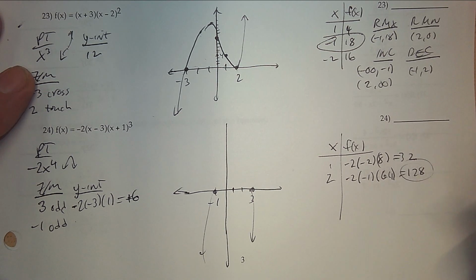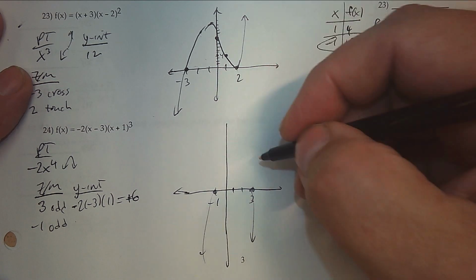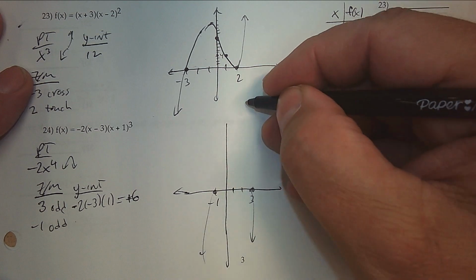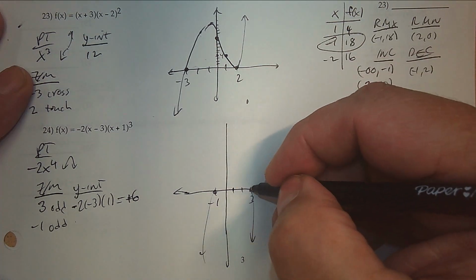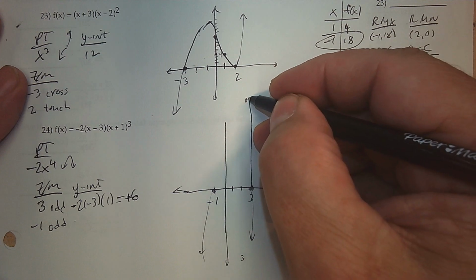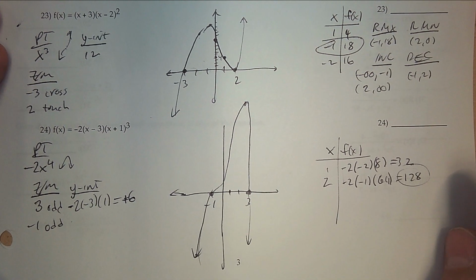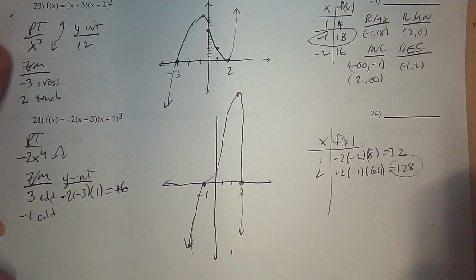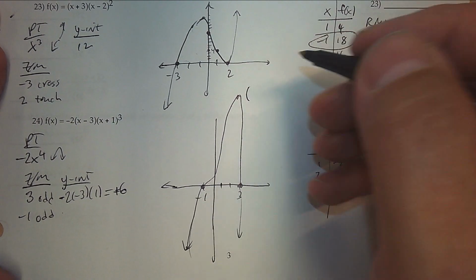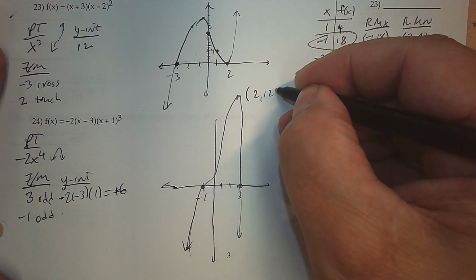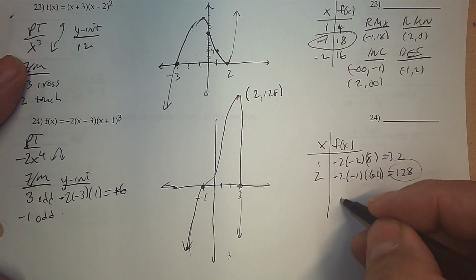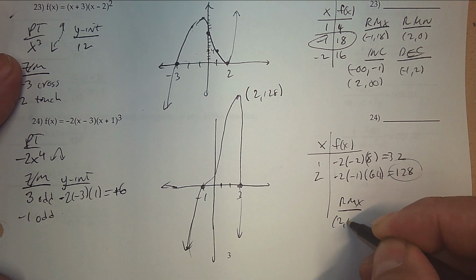So it's like way, way up here. We'll just do one of those. We know this point up here, I just estimate, I'm not going to count to 128. So 2 and 128. So when we talk about the max, obviously it's at 2 and 128.